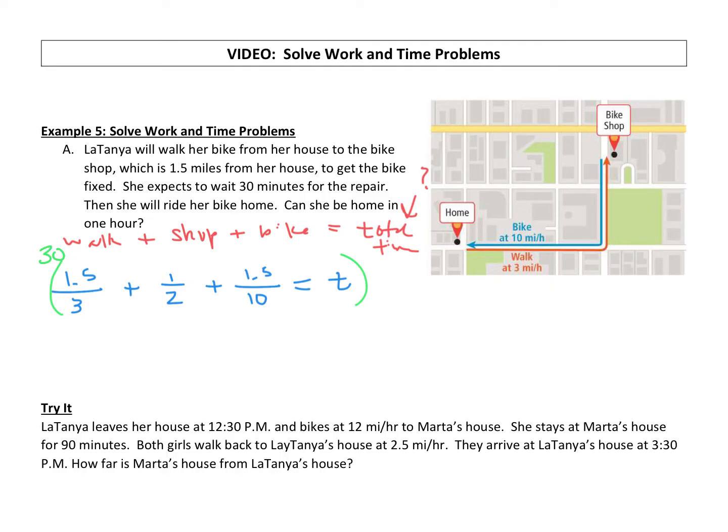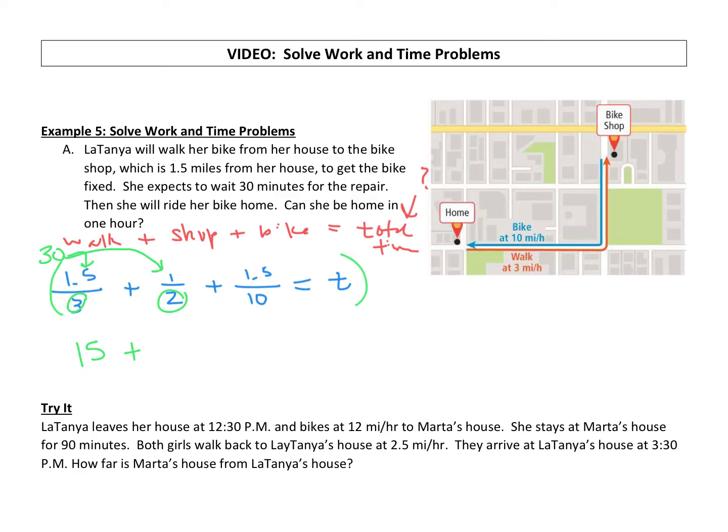So here's how that looks. We're going to take 30 times the top number. 30 times 1.5 is 45. Then we're going to take that 45 and divide it by 3. 45 divided by 3 is 15. That's where I got the 15 from. Now we're going to take 30 and multiply it by the top number. 30 times 1 is 30.